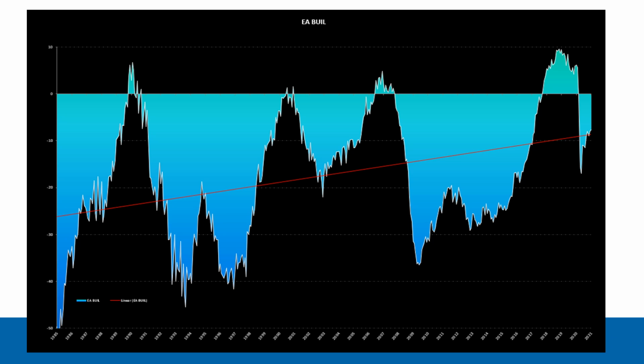But it's important to understand some economic history here, so when we're moving forward, we can understand what is going on in the construction sector and in the economy as a whole. If you look back to the recovery period after the global financial crisis, look at the extreme bearishness that occurred in 2009.